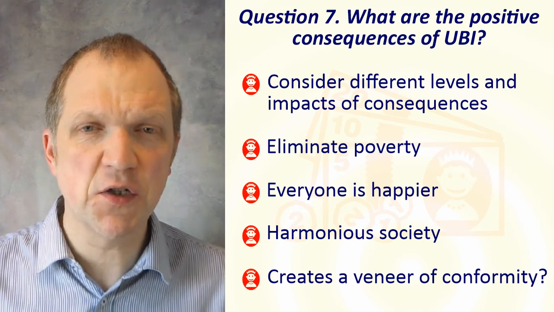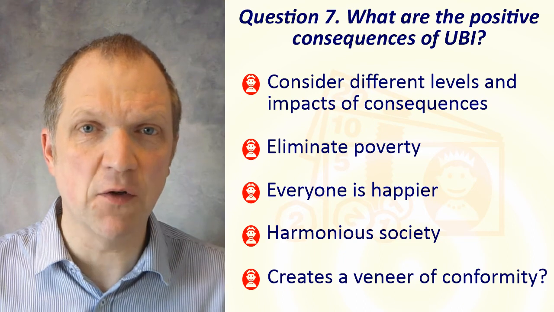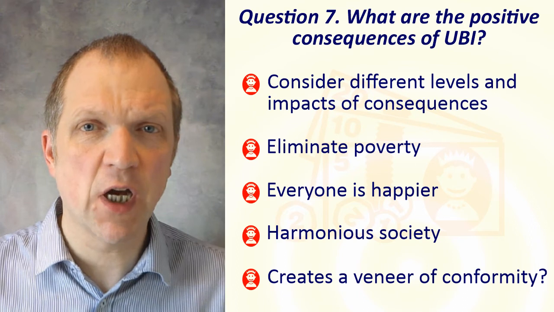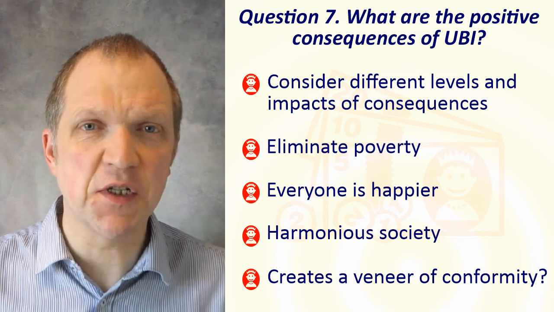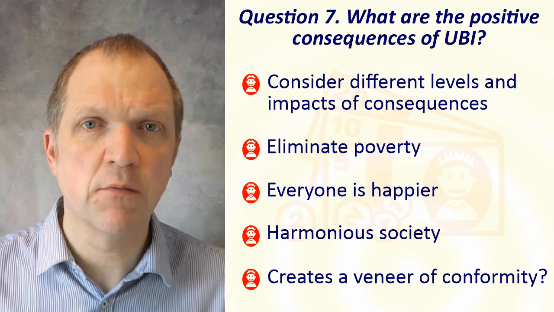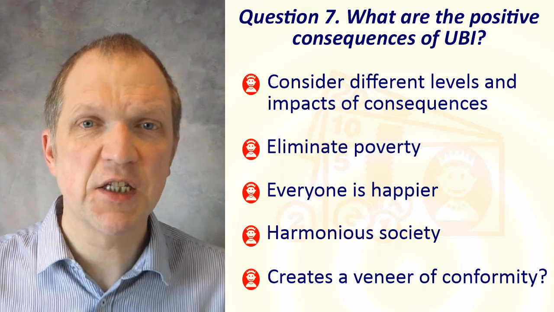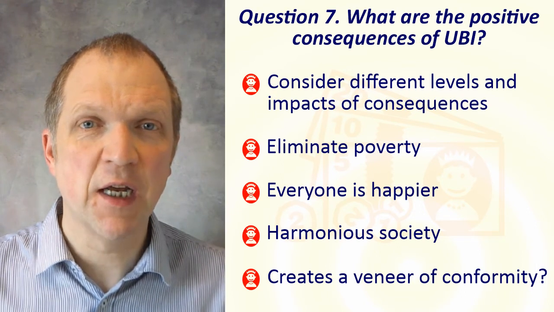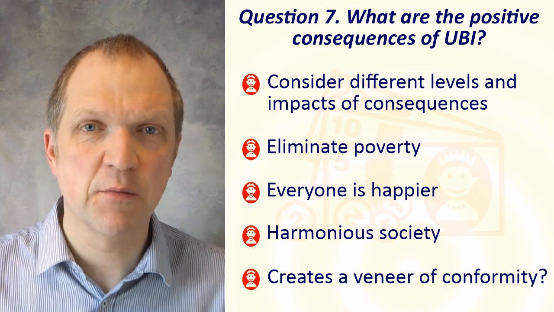Question 7. What are the positive consequences of UBI? When considering the consequences of UBI, your story can look at the personal or family level, at the local or neighbourhood level, and at the societal or country-wide level. Similarly, the impact of the consequences can be short-term, medium-term, or long-term. Your story could focus on the positive consequences, such as eliminating poverty, everyone being happier, and society becoming more harmonious.